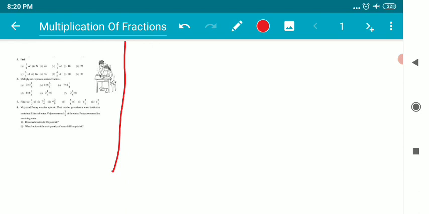3 into 5 1 by 5, means one number is a whole number and the other number is in a mixed fractional form. So 3 into 5 1 by 5. Say children, how to do this?